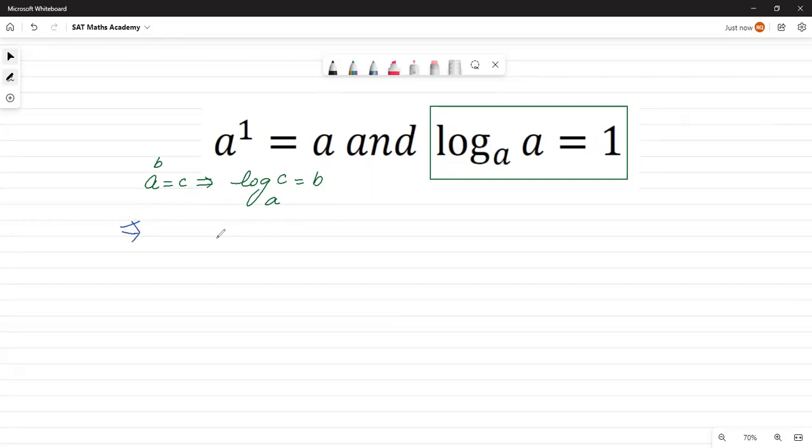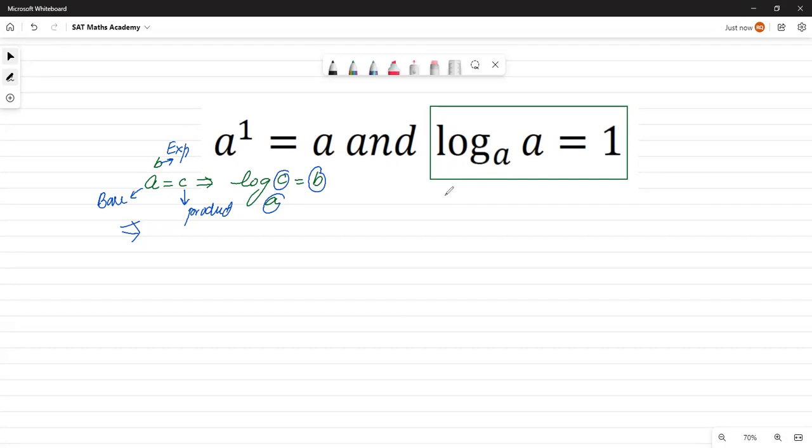This expression is given. So any base a, that term is called the base. This term is called the exponent. And this term is called product. So over here, that is called the product, that is called the base, and this one is called the exponent.